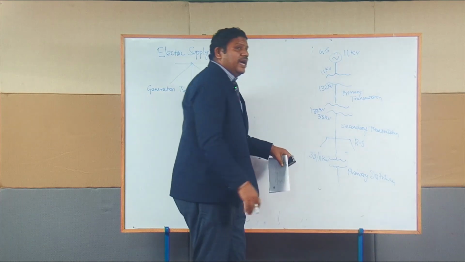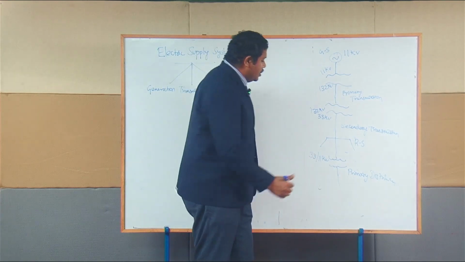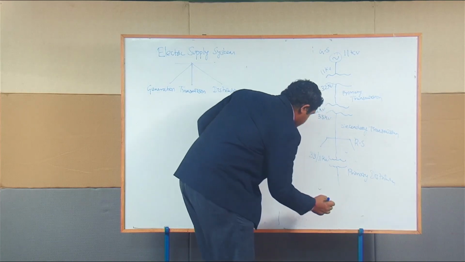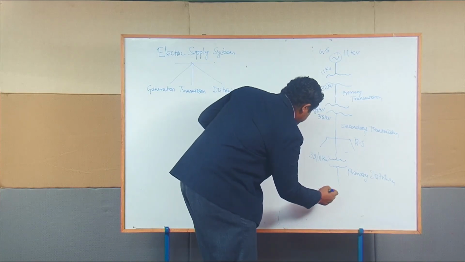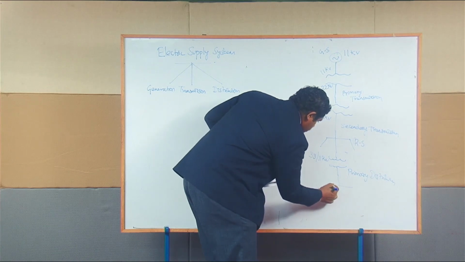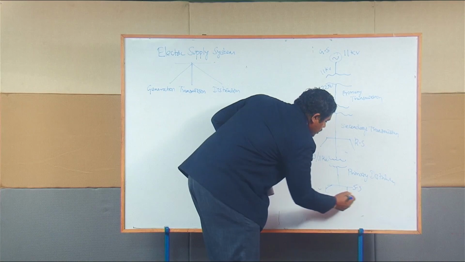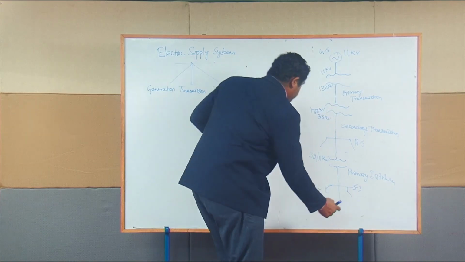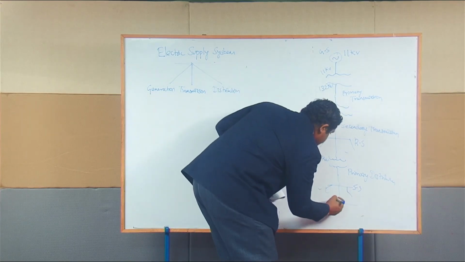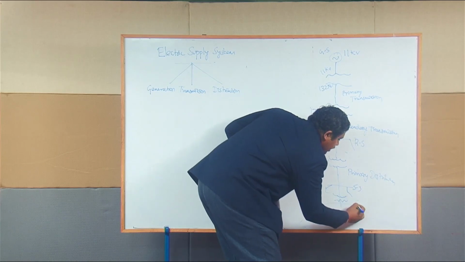At this point we have a large number of consumers, big consumers that will be supplied, and at the second level substation we have our secondary distribution.